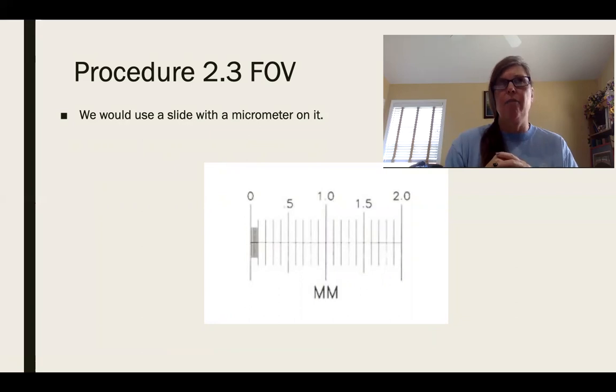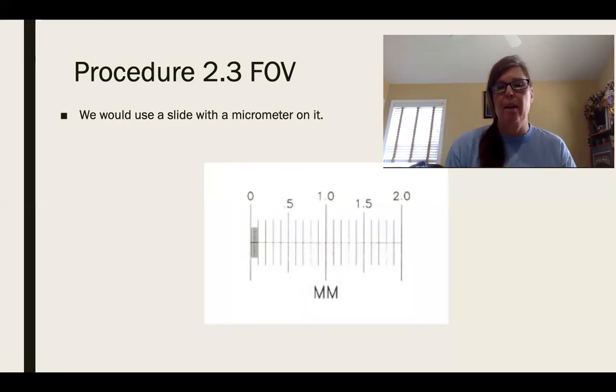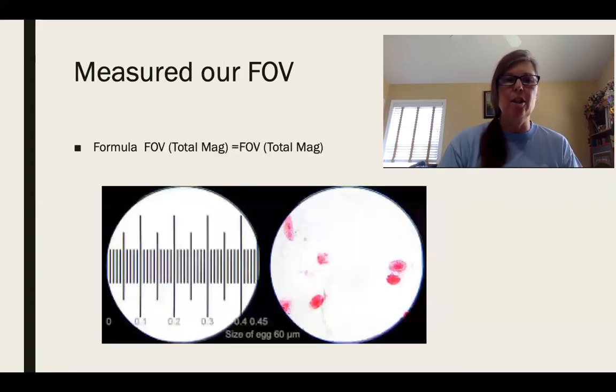And then if we would have gone to the high power, it would have been too big. You'd only see like 2 lines. And so you can't really measure with that. And so then we go to our low power, and it's just right. And so we're able to measure our field of view on our low power lens.